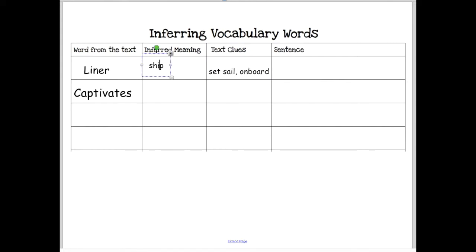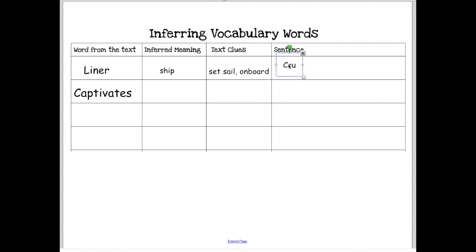Now, the next thing I need to do, though, is I need to write this word in a sentence, because if I truly understand the meaning of liner, I should be able to use this word in a sentence. So my sentence is going to be, remember I talked about the cruise liner? I'd heard of a cruise liner before, so I'm going to use that to help me.